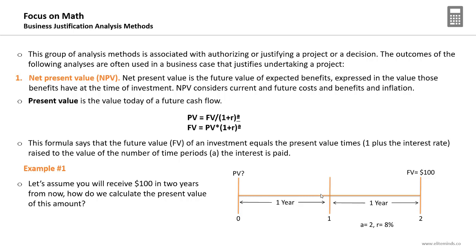Today, we are expecting that we will receive $100 after 2 years. From the given data, the number of years is 2 and the interest rate is 8%. So we just need to apply the present value formula: present value equals the future value divided by 1 plus the interest rate to the power A. The future value is given in the question, $100, divided by 1 plus 8% to the power 2.